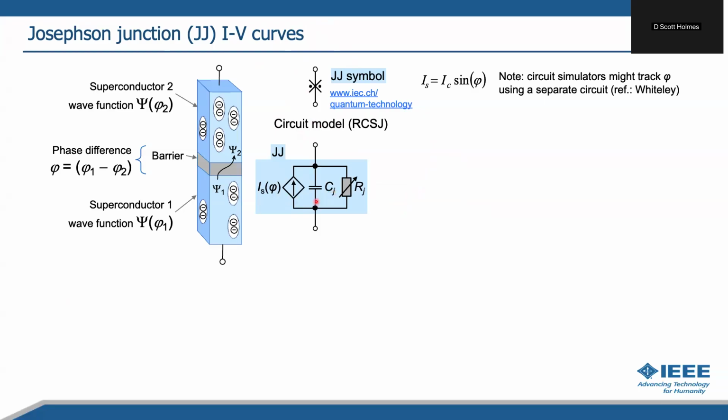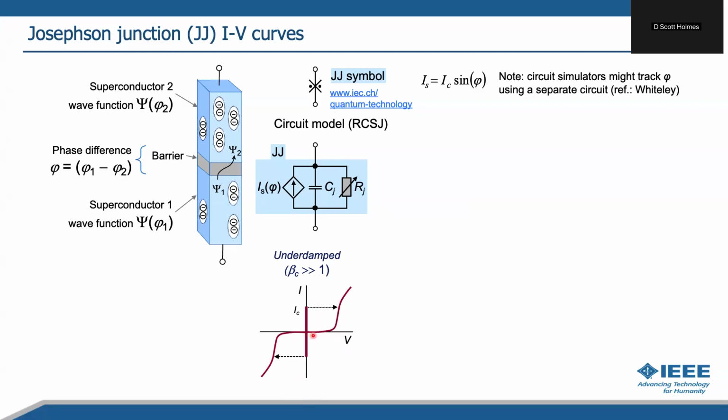There's a capacitance and an internal resistance. And the internal resistance is variable because the current-phase relationship looks like this. The resistance is actually high and then it drops at some characteristic voltage.